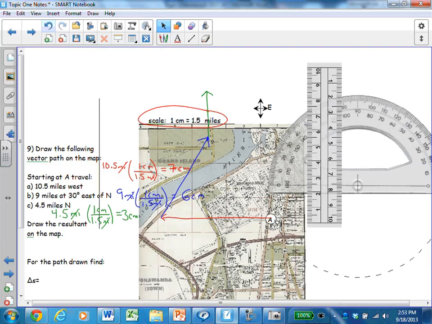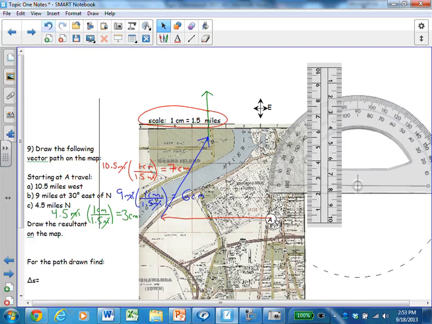So these vectors are arranged head to tail, aren't they? And we've drawn the path on our map. But now we have to draw the resultant. The resultant is the sum of the 3 vectors.